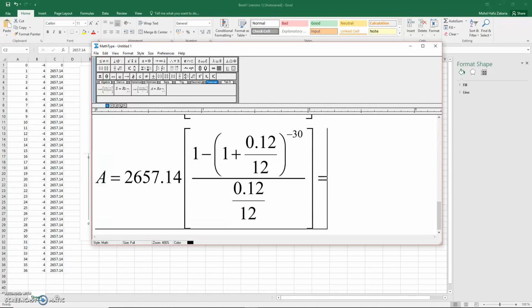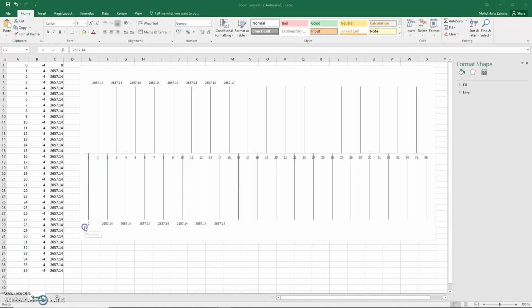You should get 68,574.69. This is the present value starting from the seventh payment until the end.